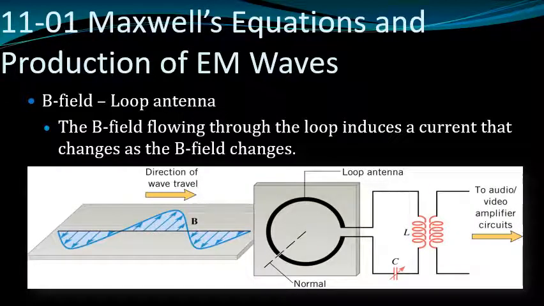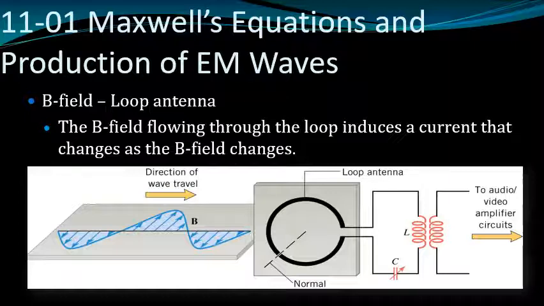To detect the magnetic field, you need a loop antenna, because the magnetic field will go through the loop, which, as it goes back and forth through the loop, causes a changing flux through the loop, which then would induce a current in the loop as the flux changes.